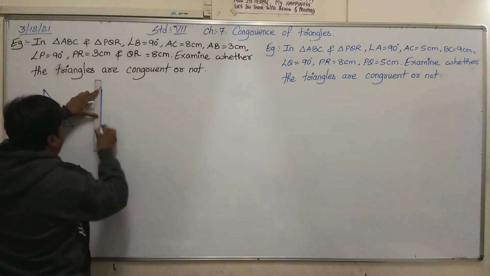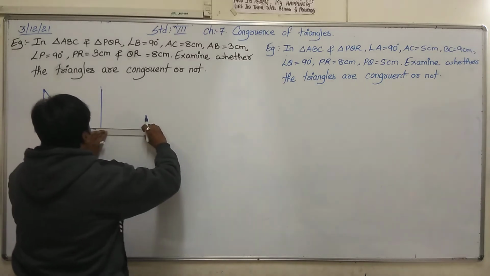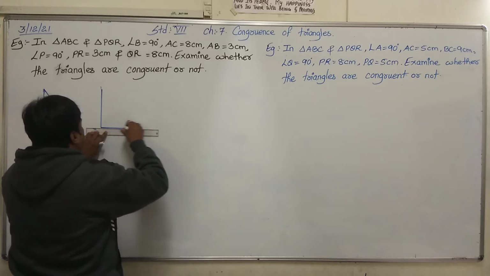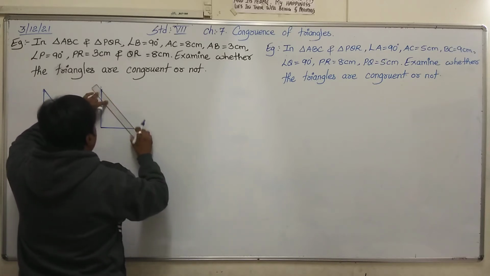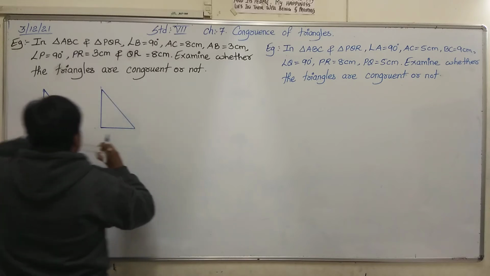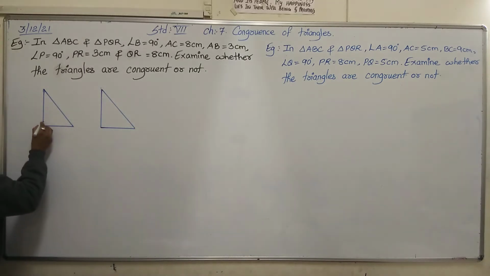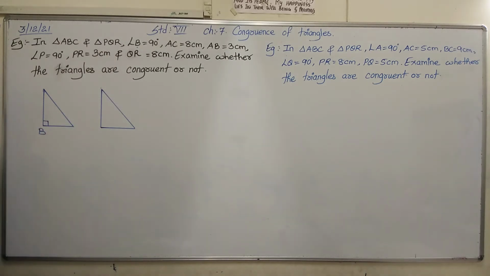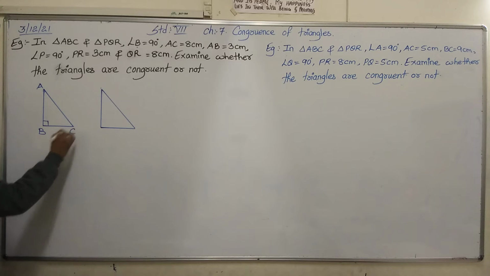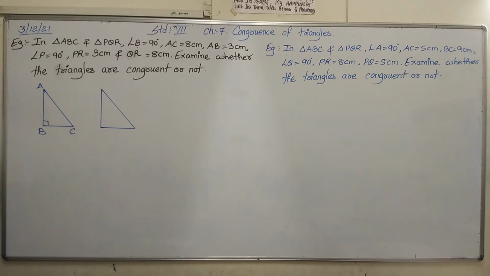The condition given is the one we have to follow, otherwise it will not form a congruency. So the right angle is at which point? That is at B. So B will be over here, and then randomly you can write anything. First you have to indicate the right angle, then the other two points you can write randomly anywhere you want.